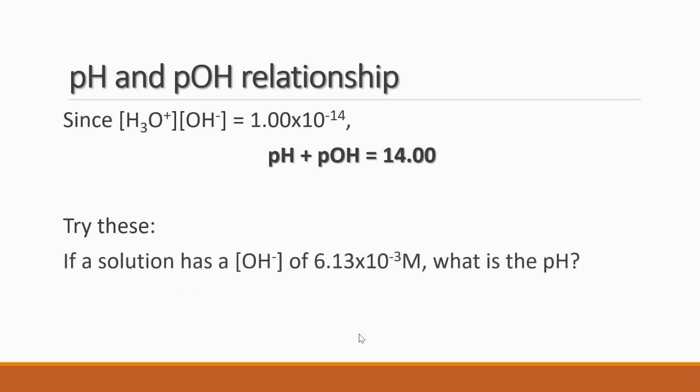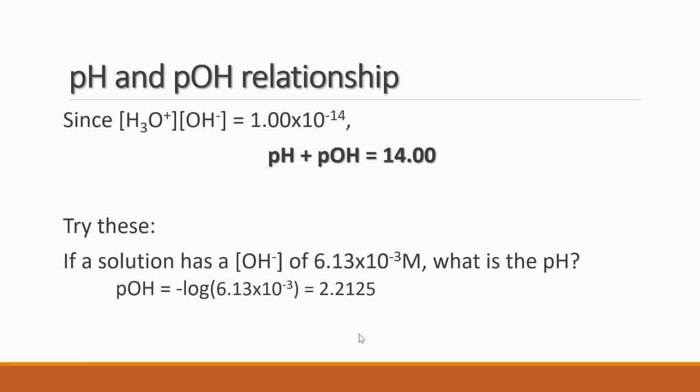What about if we have a hydroxide concentration of 6.13 times 10 to negative 3 molar and we want to solve for the pH? Well, the first thing you'll want to do is, this is the hydroxide concentration, and for pH we need the hydronium concentration. So the first thing we need to do is solve for the pOH of this solution, because we know that pH plus pOH equal 14.